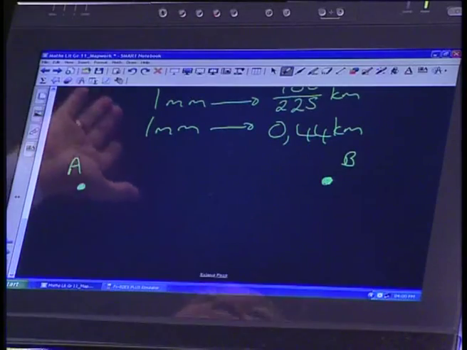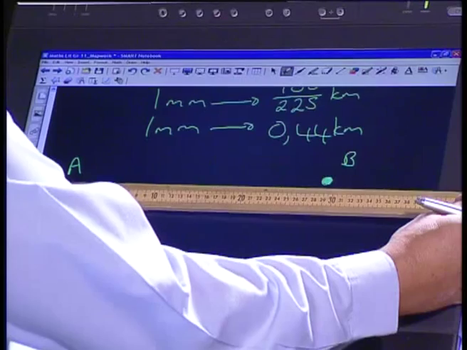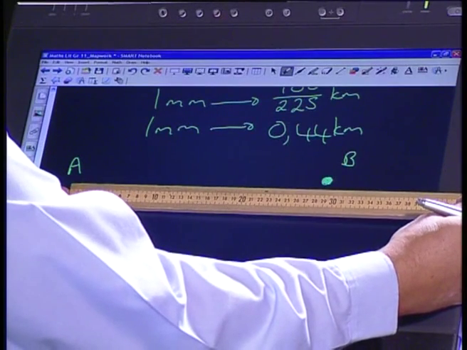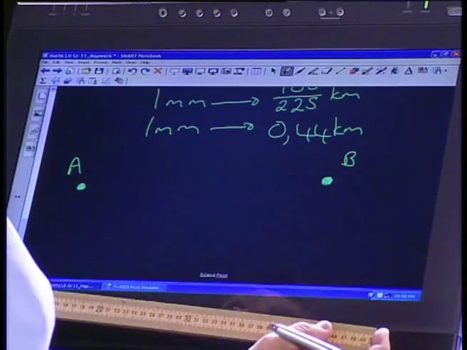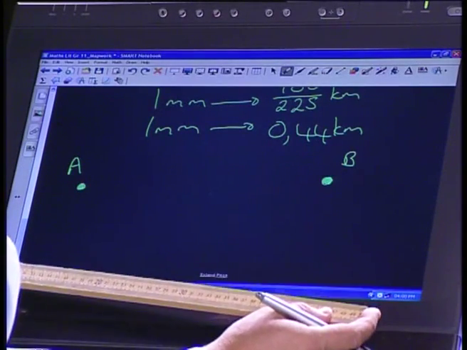So we put our ruler down, but let's stop for a minute, because here we have a problem. The marking for town A is a blob, and my blob in this case is just over 10 millimeters, or 1 centimeter.